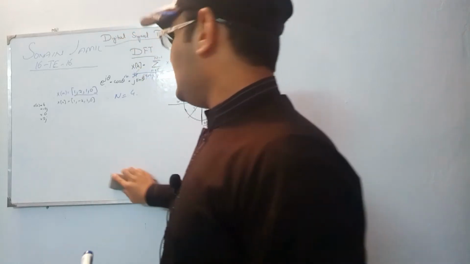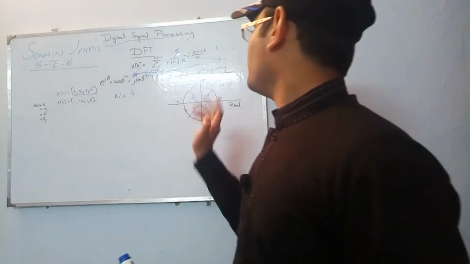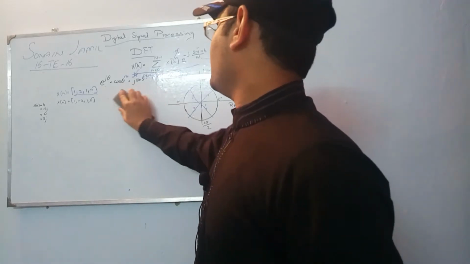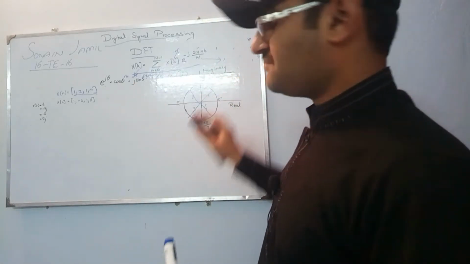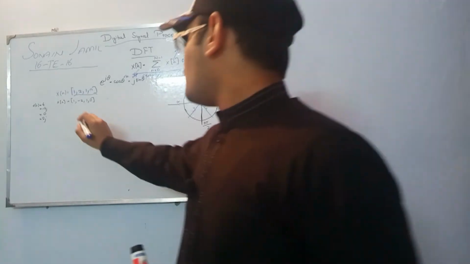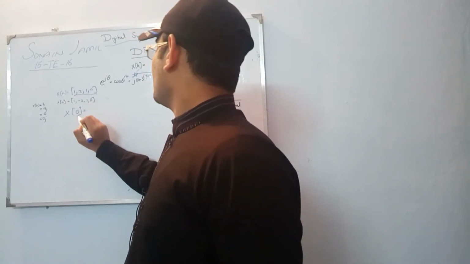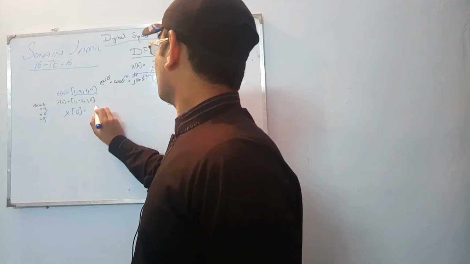Now we want to see how this signal in the time domain can be converted into the frequency domain. First of all, X of 0. What is X of 0?